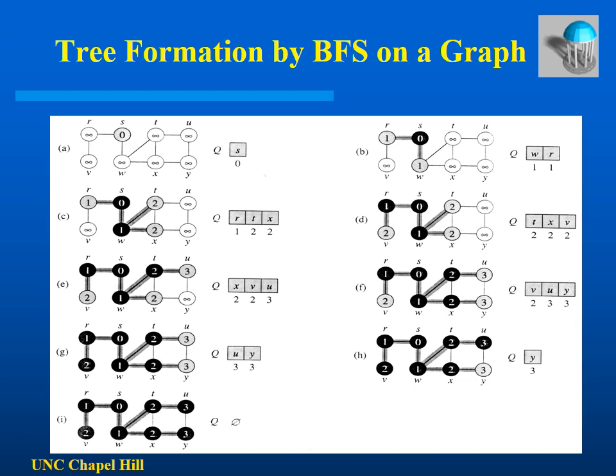We are done with processing T, and the Q has X on it and V on it from before, and U at the end of it having just been put on as it was processed.